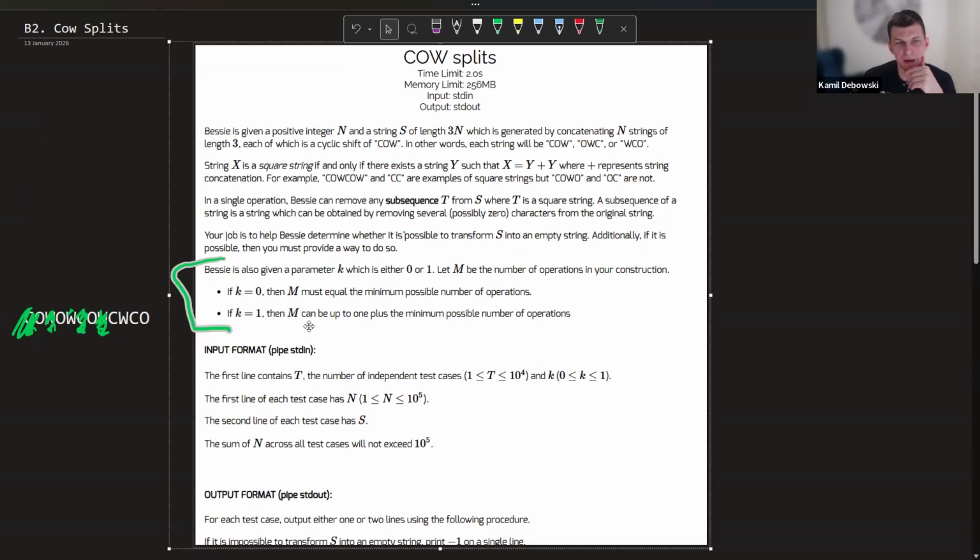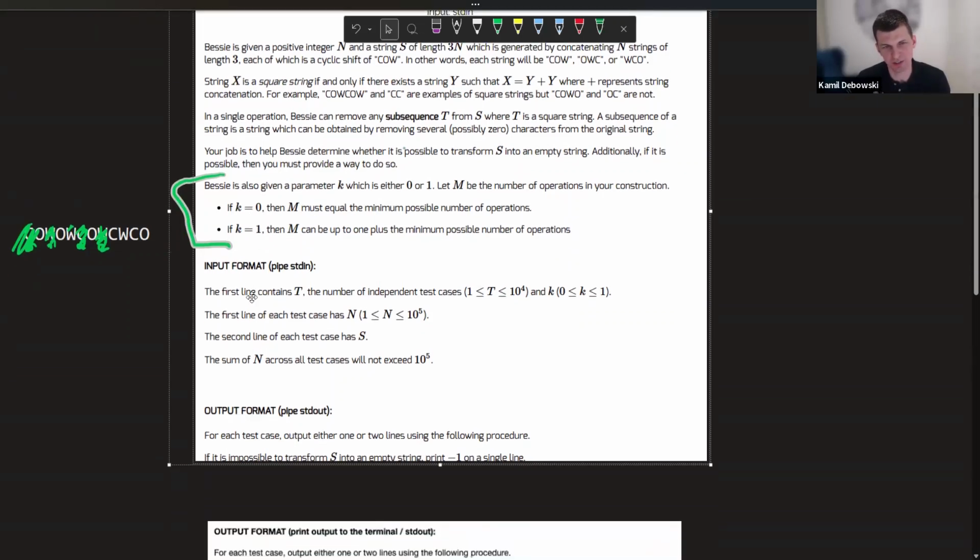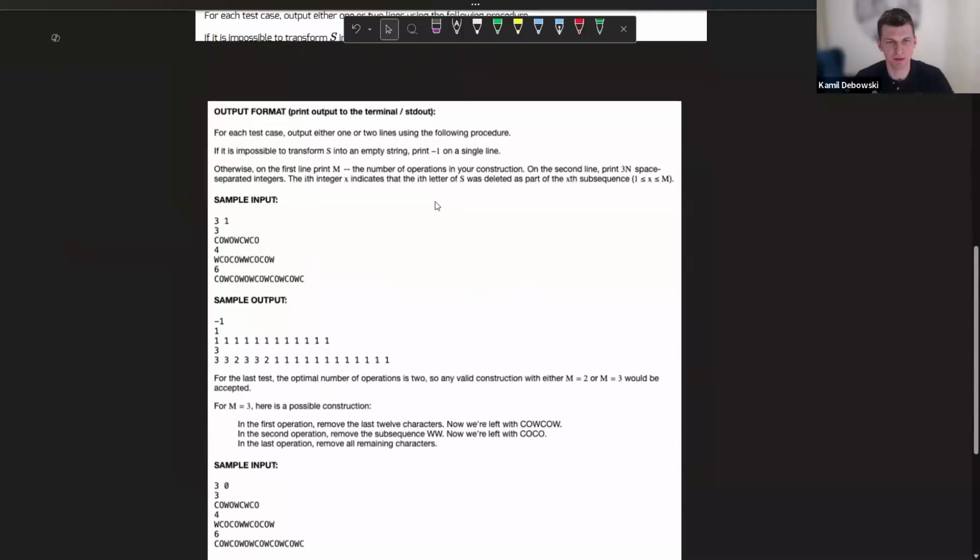But here it's just this binary thing: in some tests you need to be optimal, in some almost optimal. And it was maybe unusual that K was up to 1. That part was suspicious, and you can even take some guesses of what is optimal from this. Sometimes a subtask is also a hint towards a full problem.